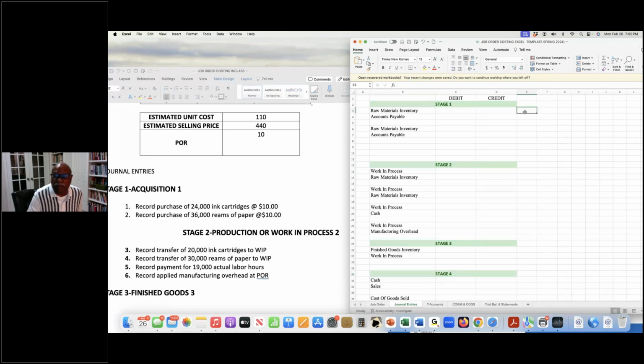How much did we pay for them? $10. And so we would have debited the raw materials inventory for what? 2,400,000. And we would credit accounts payable for 2,400,000.